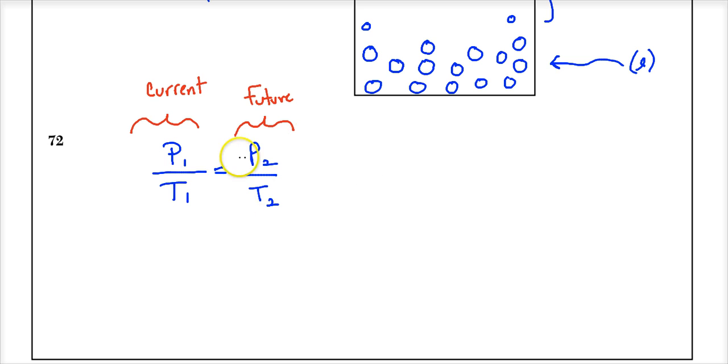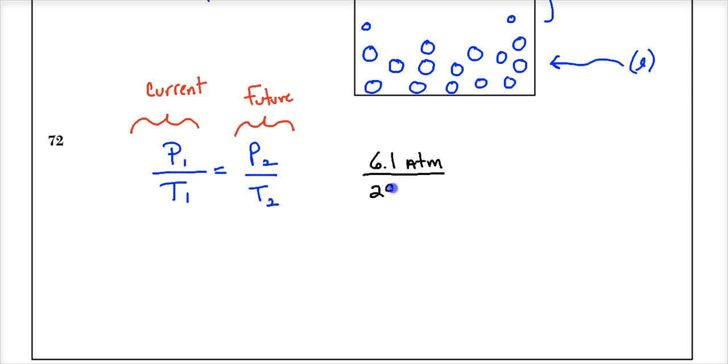So, in any case, all they have to do for this problem, since they said show a numerical setup, is just plug it in. The initial pressure, the current pressure from your question 72, says that it's 6.1 atmospheres. The current temperature in Kelvin, and it's very nice of them to have it in Kelvin for you, because if it was not in Kelvin, you'd have to convert to Kelvin.